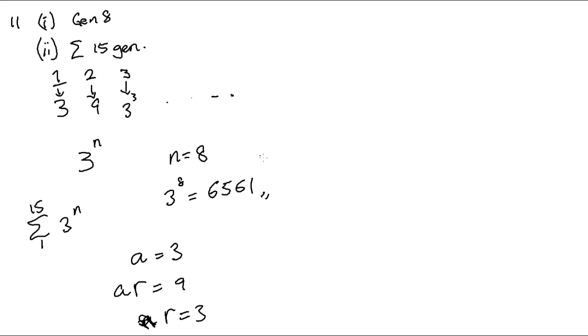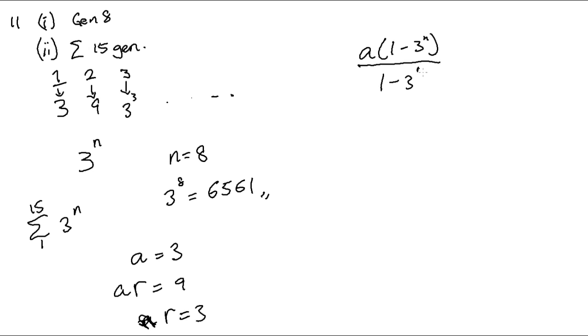So the sum for that geometric sequence is A times 1 minus R to the power n, divided by 1 minus R to the power of 1.